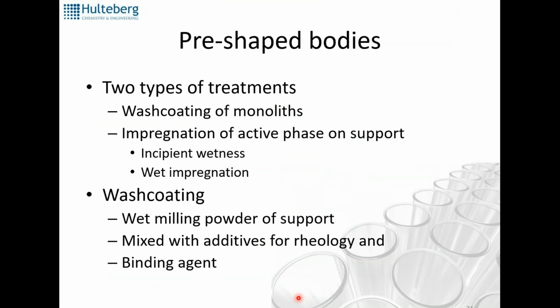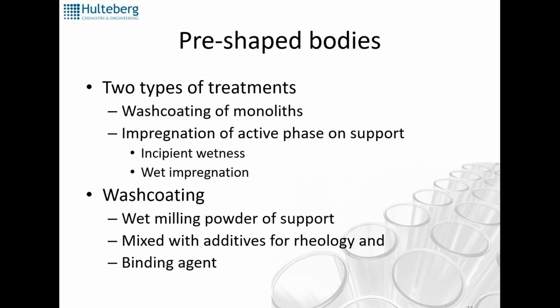With pre-shaped bodies, there are two types of treatments to be considered. So it's either wash coating of monoliths, and monoliths are normally supplied as ceramic monoliths, and they're usually cordierite or mullite, which are different blends of silica and alumina oxide. Then we wash coat these. So we prepare a slurry of, for instance, aluminum oxide mixed with water and other things.